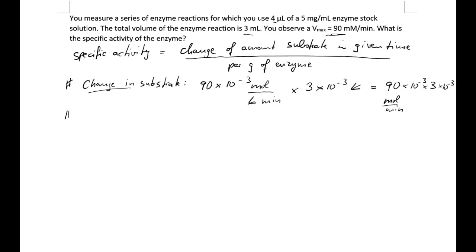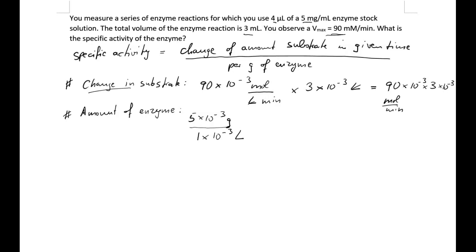Now let's calculate the amount of enzyme that we have in our reaction. We know that we have a 5 milligram per milliliter stock solution. So that is 5 times 10 to the minus 3 gram in 1 milliliter, 1 times 10 to the minus 3 liters.